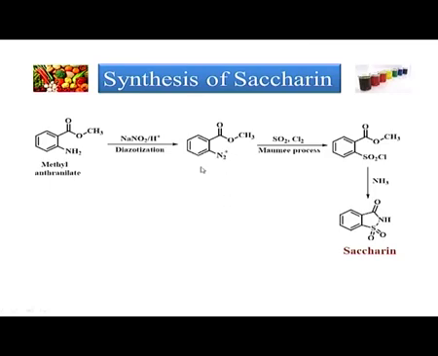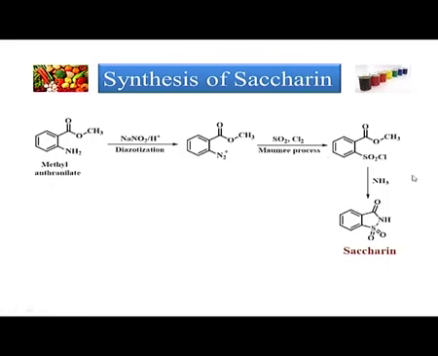Now, this diazonium compound, as it is such a wonderful electrophile, we impregnate it with nucleophiles, sulfur dioxide and chlorine, using a process called the Meerwein process. As a result of this process, one gets the sulfonyl chloride derivative of this anthranilic acid.